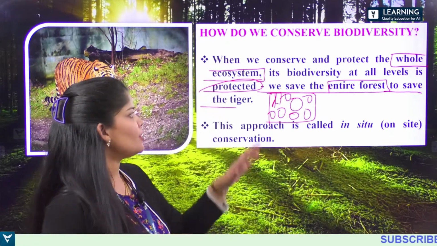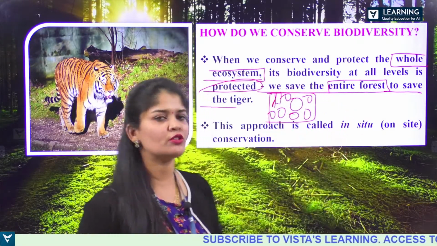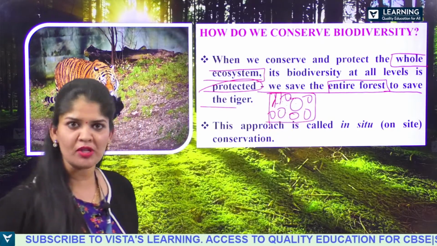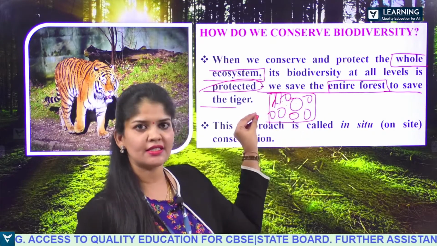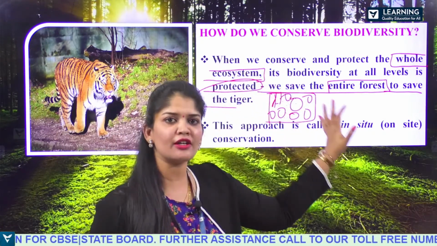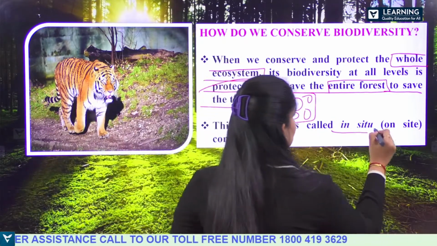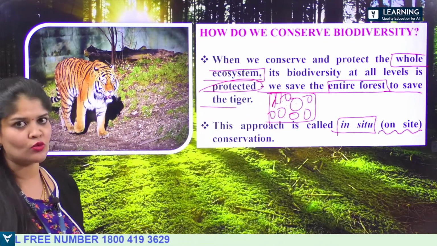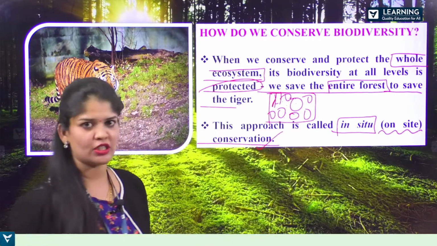So if you conserve the complete ecosystem, for example the forest ecosystem, we are going to conserve each and every species that is present inside it. That means to save the tigers, we are conserving the entire forest. And that comes under in-situ, otherwise called on-site. This approach is called in-situ or on-site conservation.